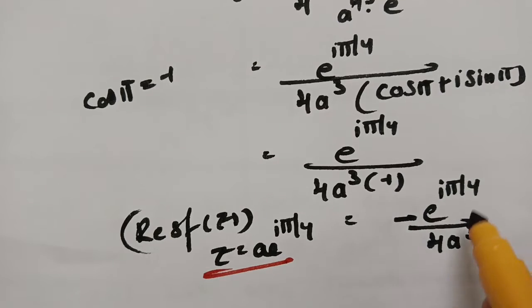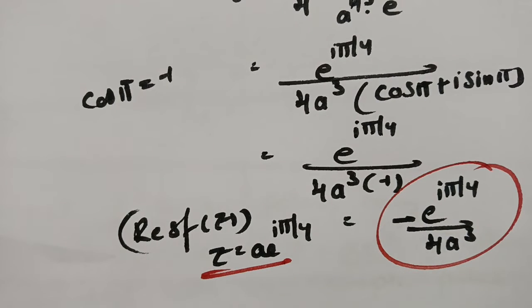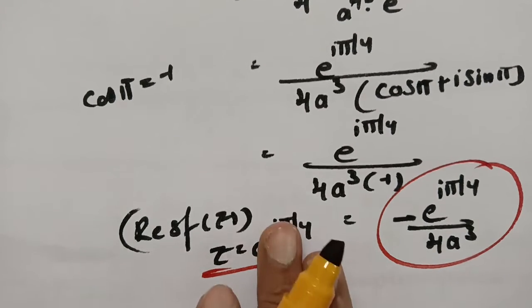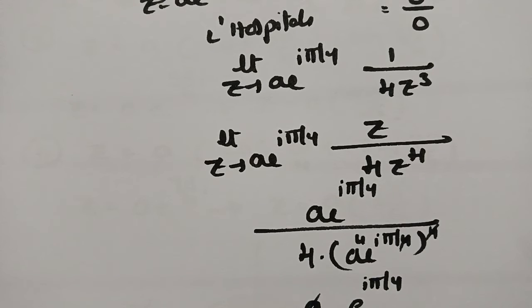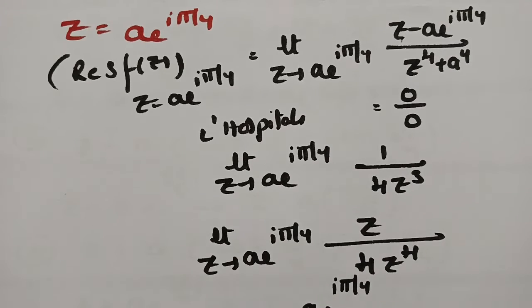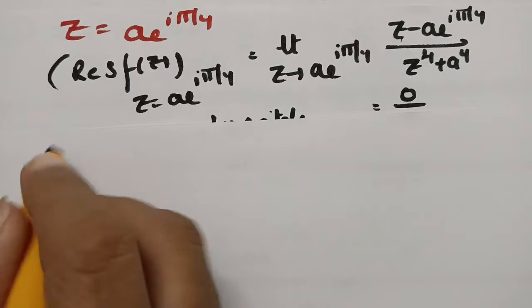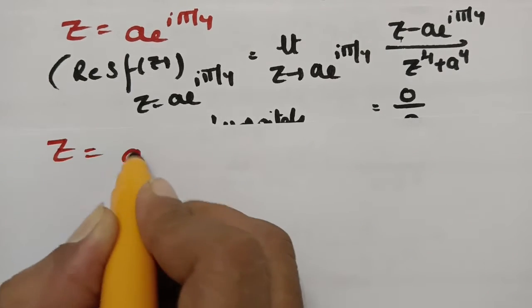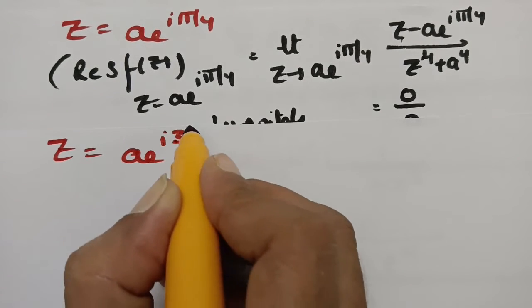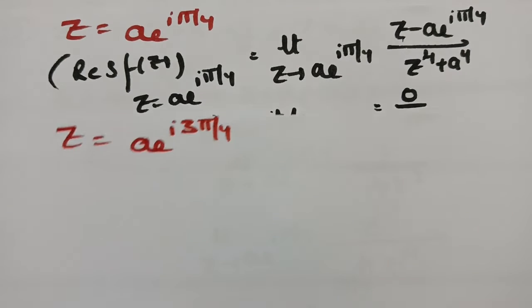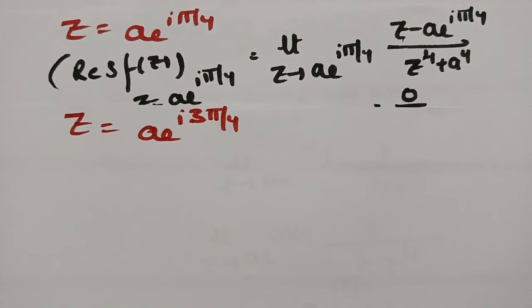So this is the pole value and this is our residue value. The next pole is z = a e^(i3π/4), and again we have to find the residue for this.